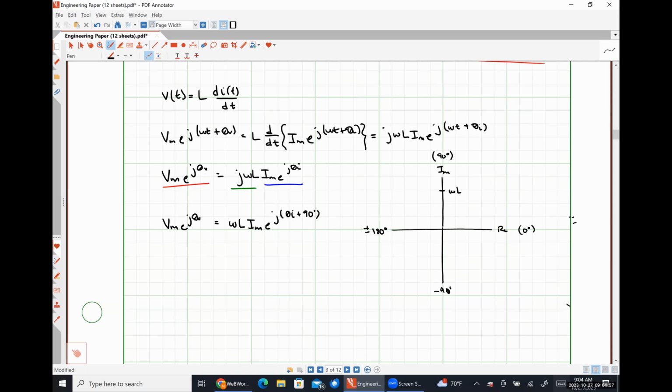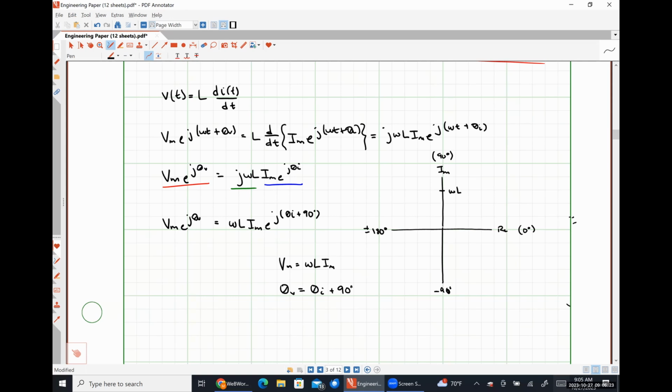So from this, we can see that the magnitude of our voltage is equal to omega L times the magnitude of our current. And we can see that the phase angle of our voltage is equal to theta I plus 90 degrees.